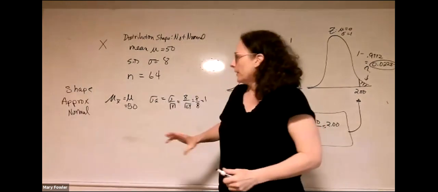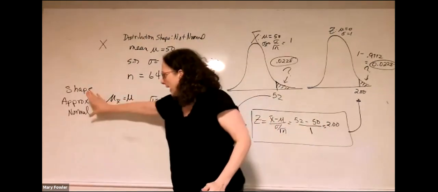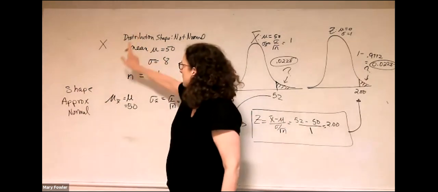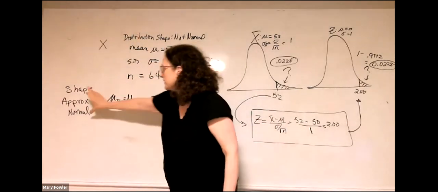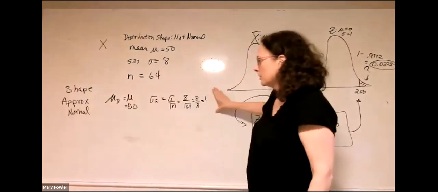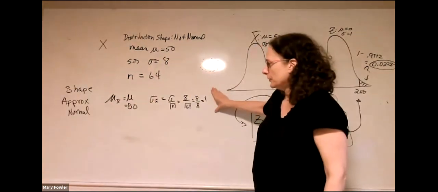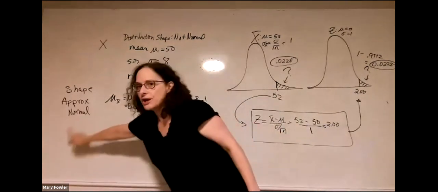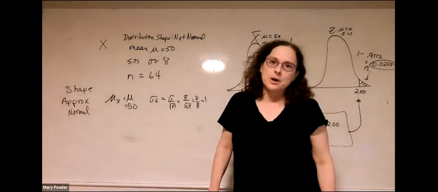We use that table to help us remember how to pull it out, but the distribution, because the parent is approximately normal with a large sample size, this was the third row in the table. We end up with this as the center, spread, and shape of the distribution of X bar.